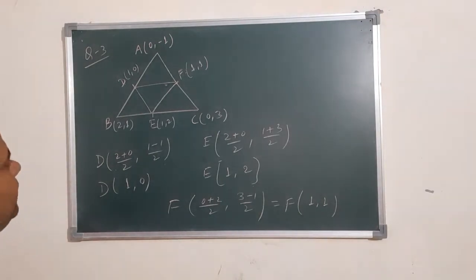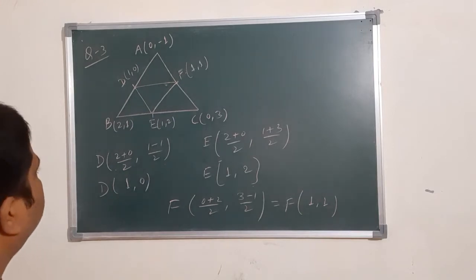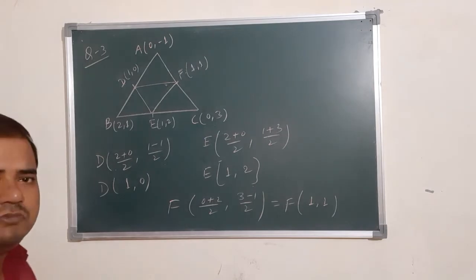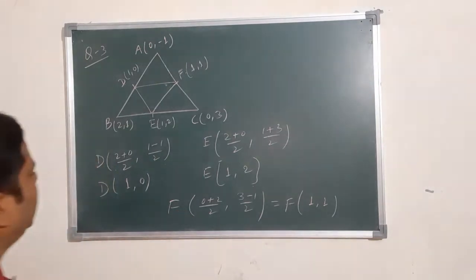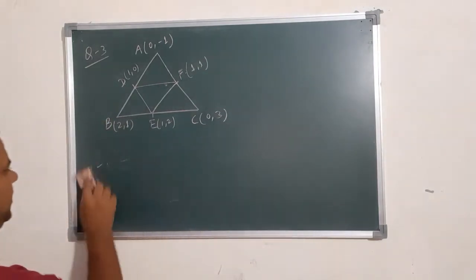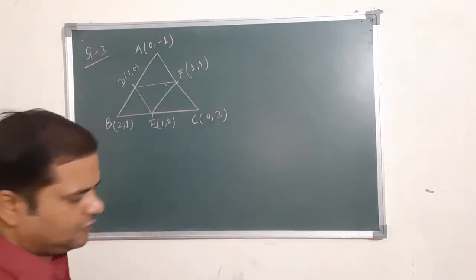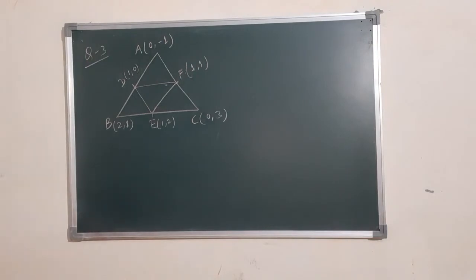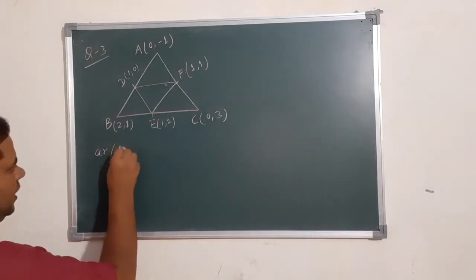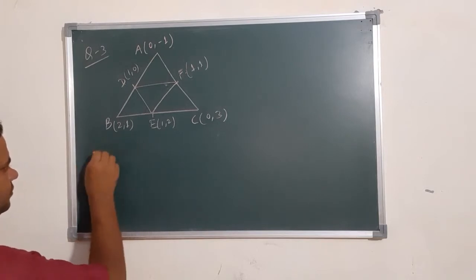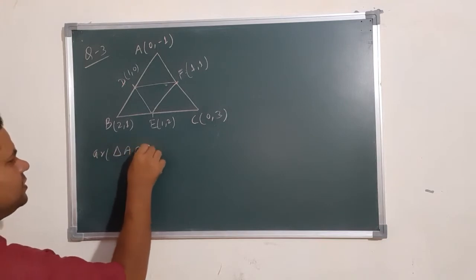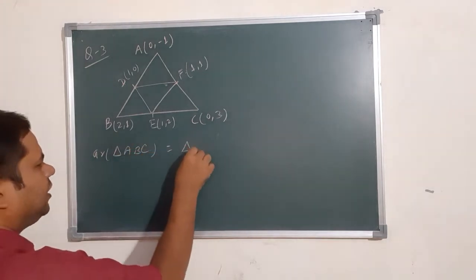So the vertices are A 0, -1, B 2, 1 and C 0, 3. I am just going to erase the midpoints. So see here, area of triangle ABC. Let this be delta 1.